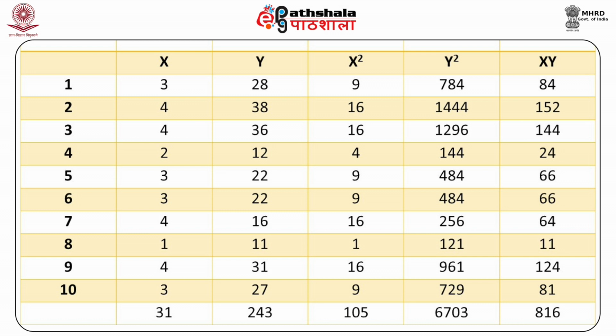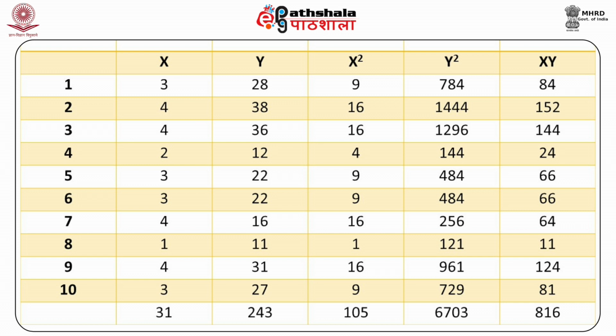The total score, y, for the 10 subjects is 28, 38, 36, 12, 22, 22, 16, 11, 31 and 27. By summing all the x values, summation x is 31, and by summing all the y values, summation y is 243.